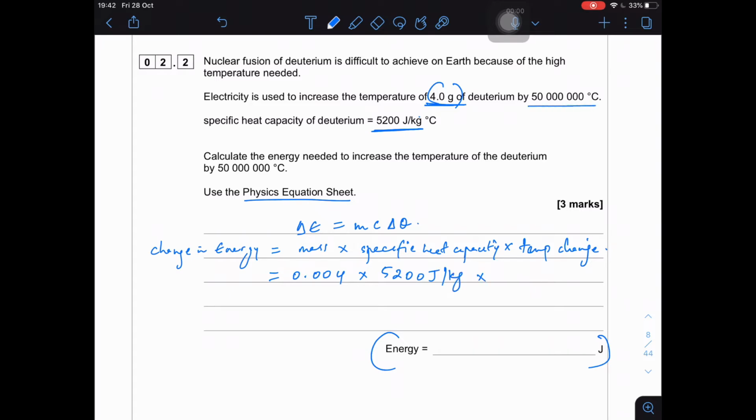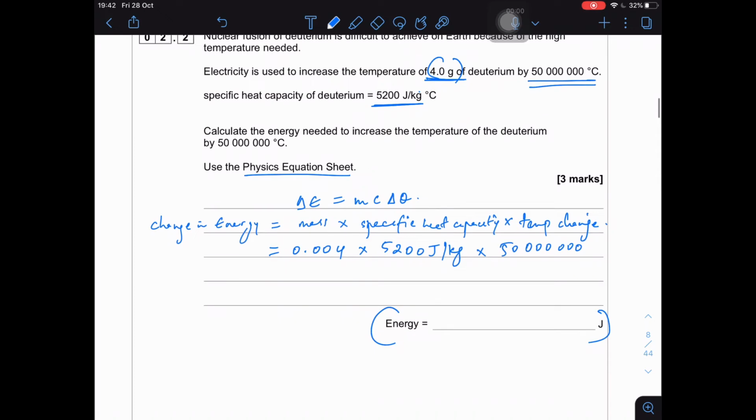Temperature change is 50,000 degrees Celsius. When we put them all together, we should get 1.04 times 10 to the power of 9 joules, or we can also write 1,040,000,000 joules.